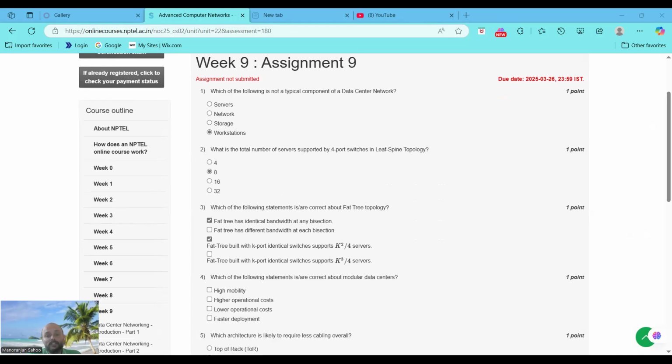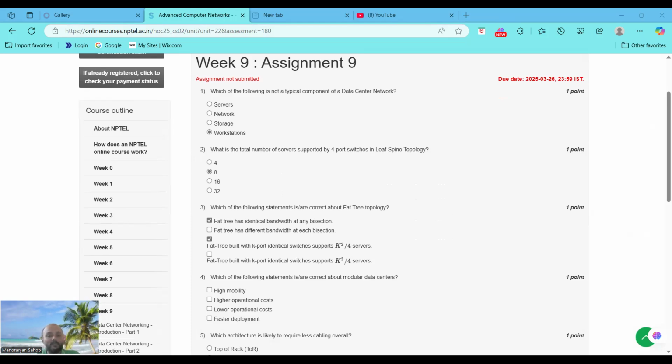Fat tree topology ensures uniform bandwidth across any bisections, avoiding bottlenecks. The second one is a false statement because it contradicts the design of a fat tree. The third one is a true statement because in a fat tree, the number of servers is K by 2 square into K by 2 square, that is K square by 4.